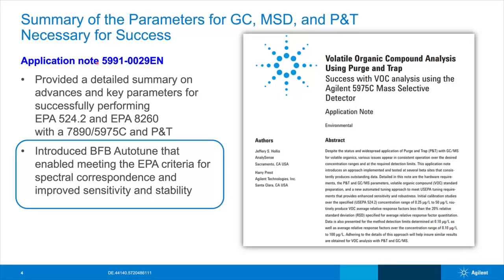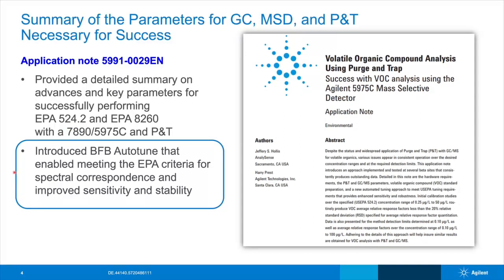This application note, 5991-0029EN by Jeff Hollis and Harry Prest, provides a detailed summary on the advances and key parameters for successfully performing both 524.2 and EPA 8260 with, at the time, a 7890 purge and trap.